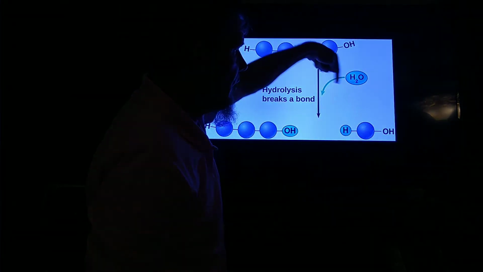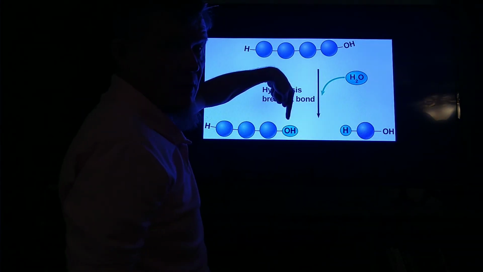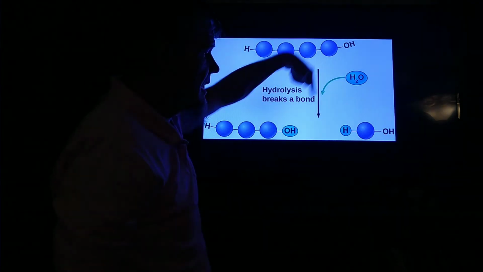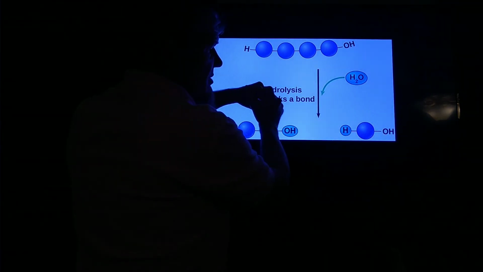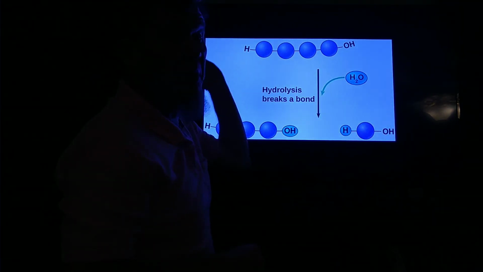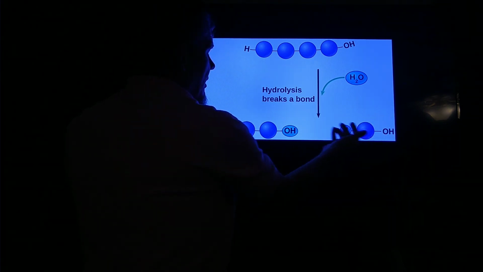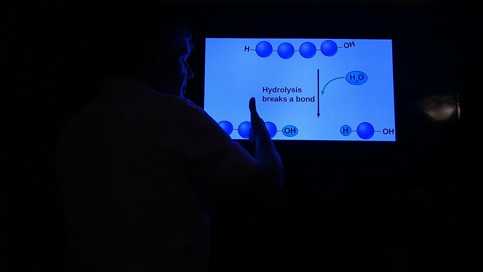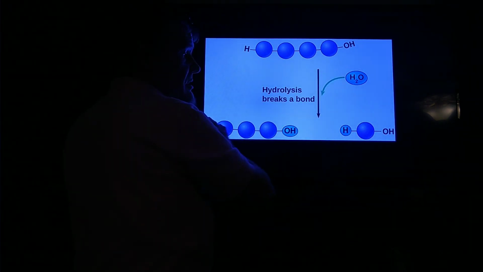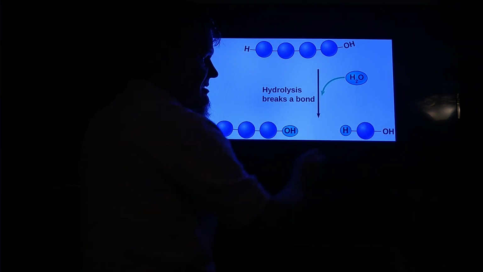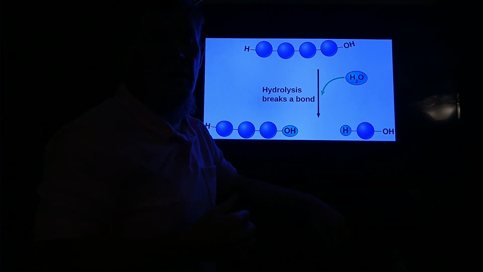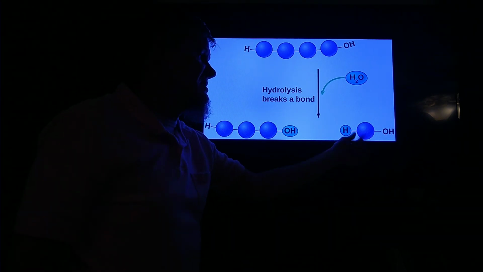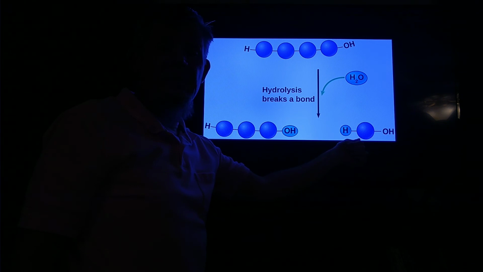I put the pieces of the water in its place. I put an OH group, an alcohol group, on the one. I put a hydrogen on the other. I've now split apart my polymer and made a monomer and a shorter polymer. And I could use more molecules of water to completely break this polymer down into its 4 separate component pieces. These 4 separate monomers.